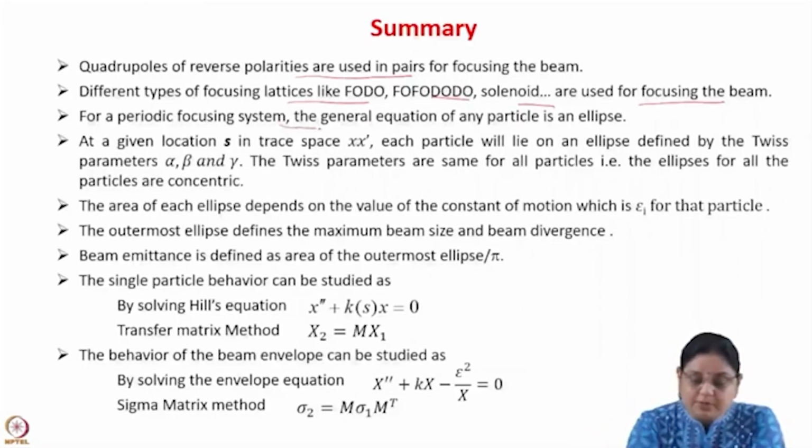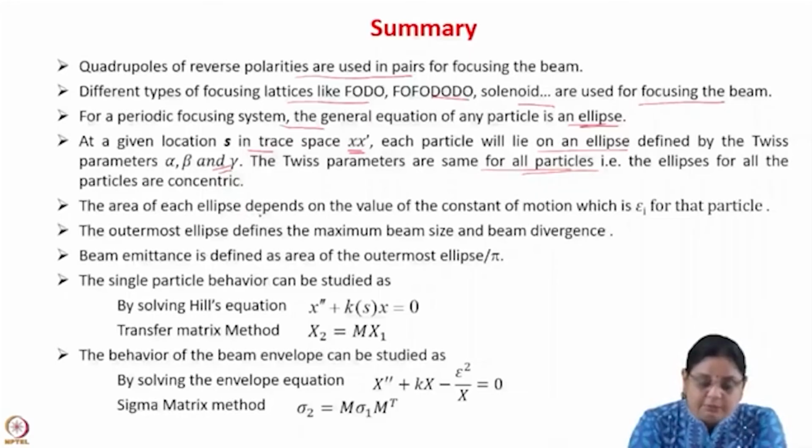For a periodic focusing system, the general solution in phase space is an ellipse. At any location s in trace space x, x prime, each particle will lie on an ellipse defined by the Twiss parameters alpha, beta and gamma. The Twiss parameters are the same for all the particles, that is, the ellipses for all the particles are concentric.